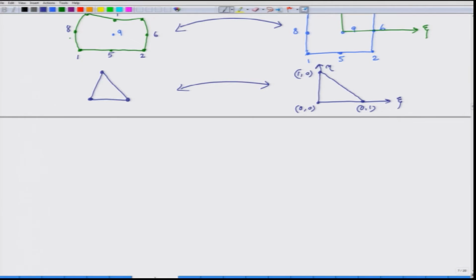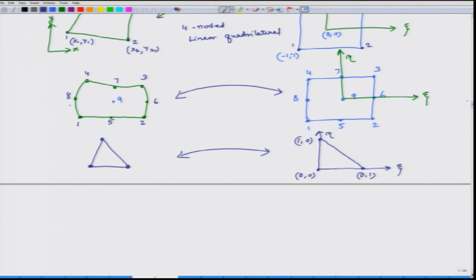And similarly, if I have a triangle with curved edges, I can map it as a quadratic, second order. So, this is a 9 noded quadratic quad element. Here this is a 3-noded linear triangle. I can map a 6-noded quadratic triangle into a standard triangle in the zeta eta domain also.